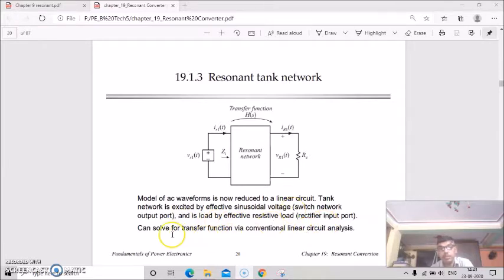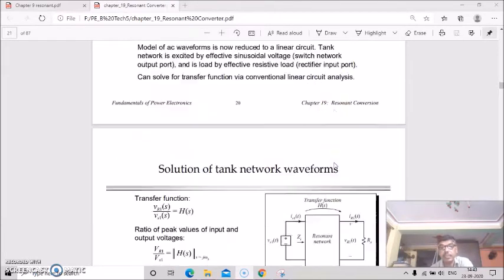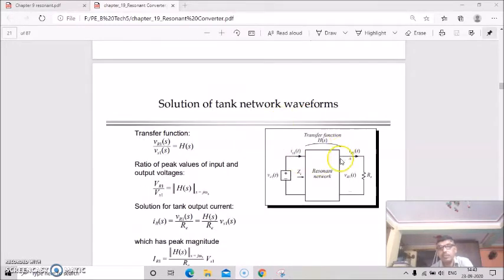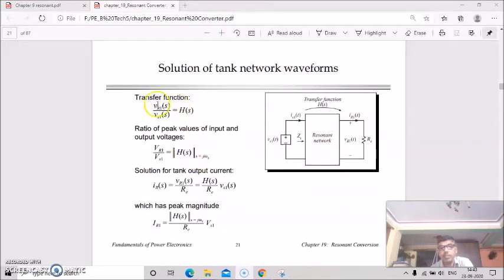So we can solve for the transfer function using conventional linear circuit analysis, and this is the solution for the tank network waveforms. So this is the transfer function.